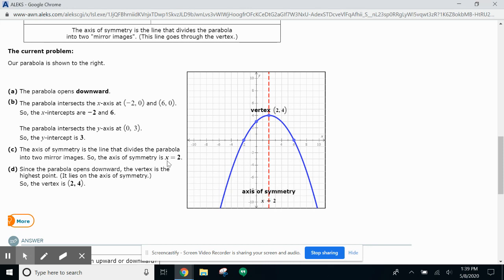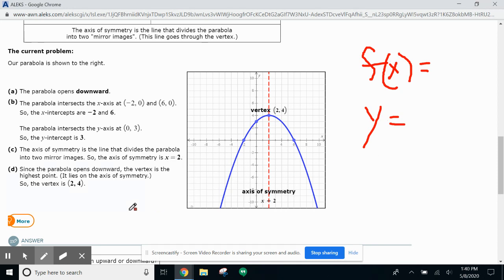So what's a little bit different is they write the line as x equals 2. Normally in function notation, we might have f of x equals, or we might have y equals, or we can have other letters like g of x or h of x or w of x. These would be normal ways we write functions.